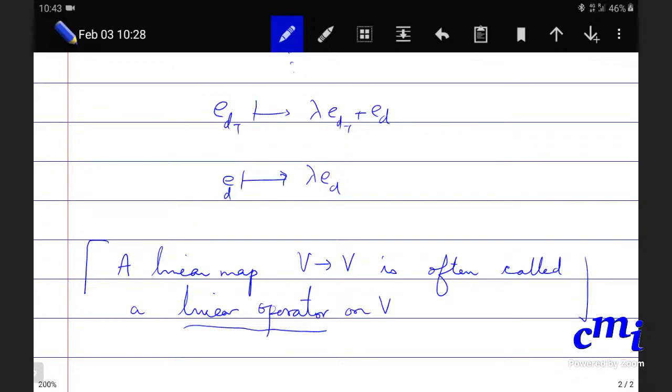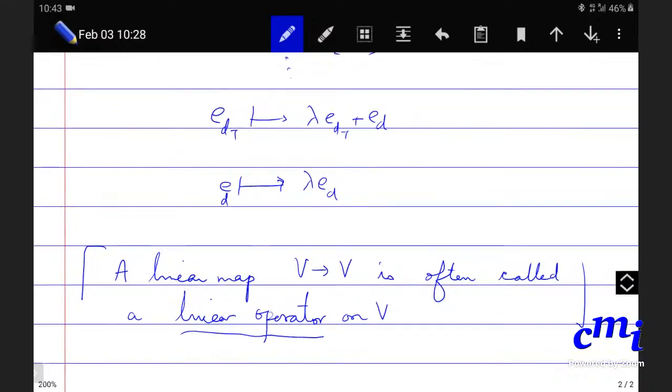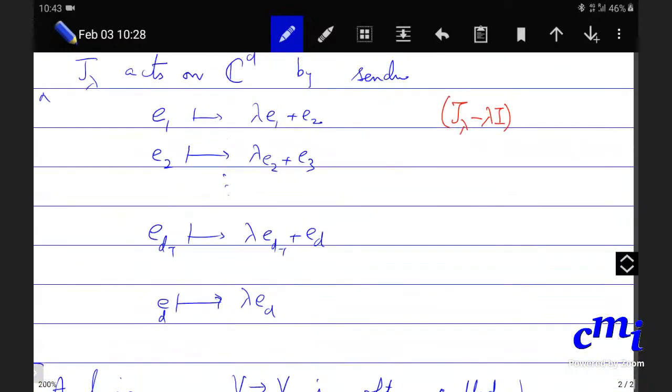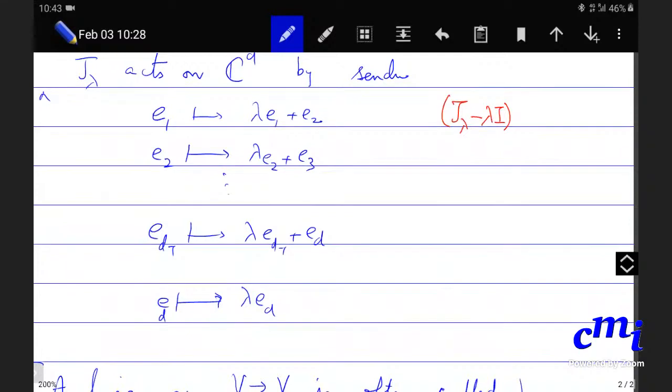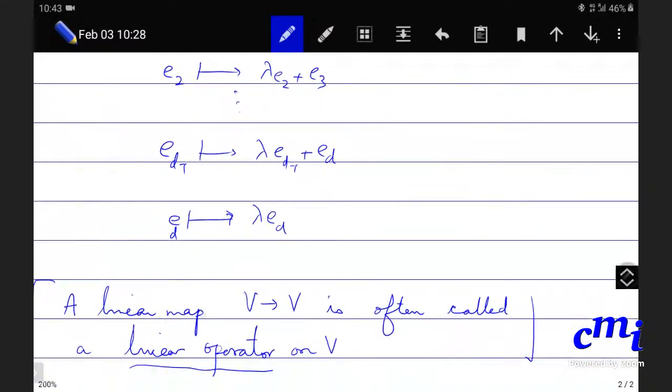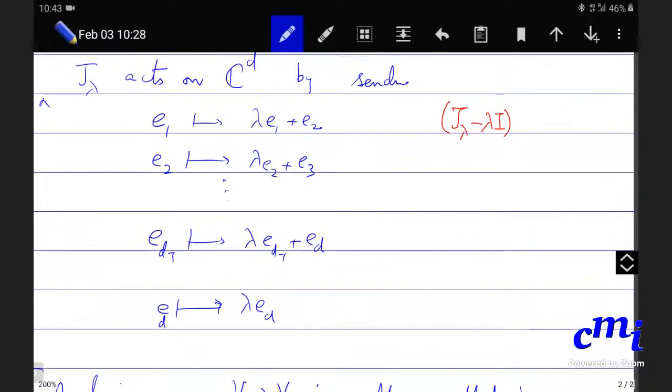I am likely to use a word unconsciously, so it is better that I clarify what I mean. A linear transformation from a vector space to itself is often called a linear operator on that vector space. So this J lambda is a linear operator on C^d.